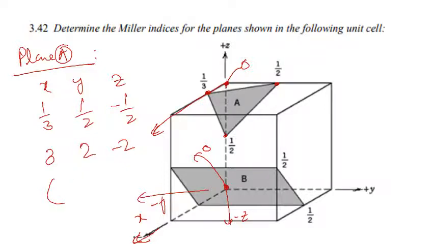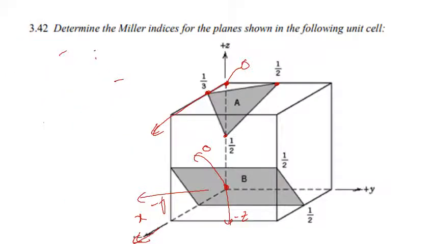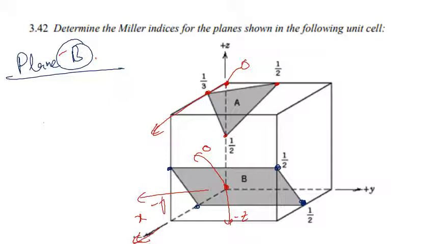And for plane B, look at where it touches the x-axis. This is our point of contact, this and this one. x, y, and z.